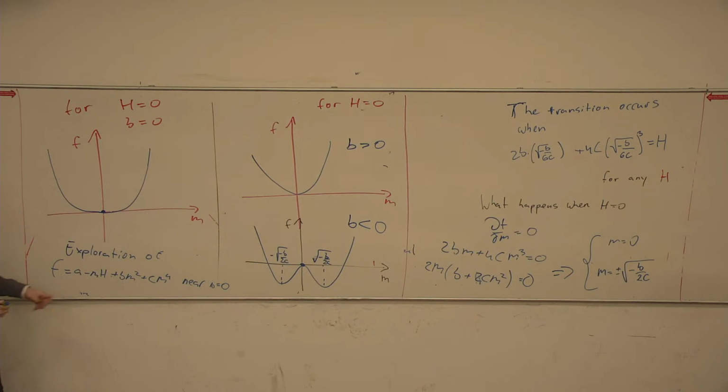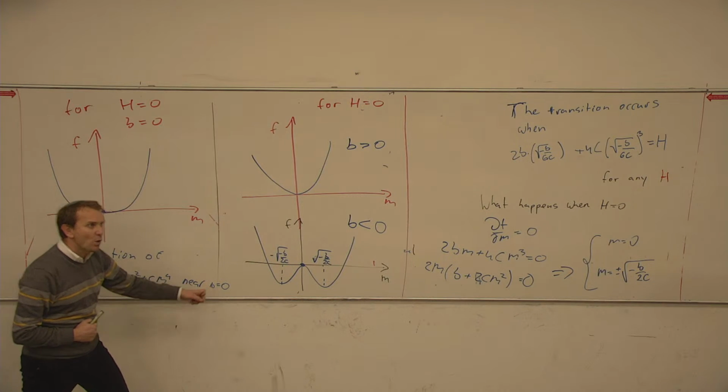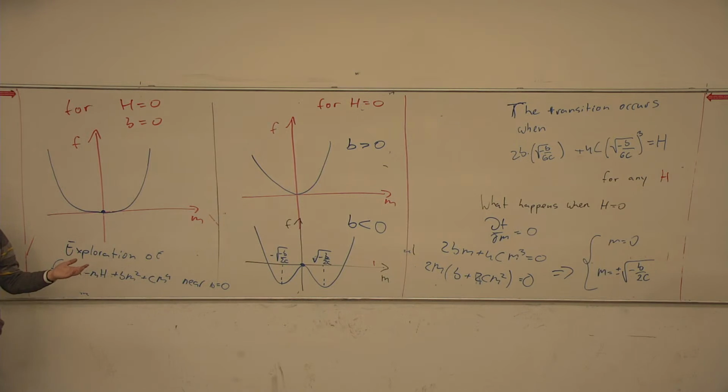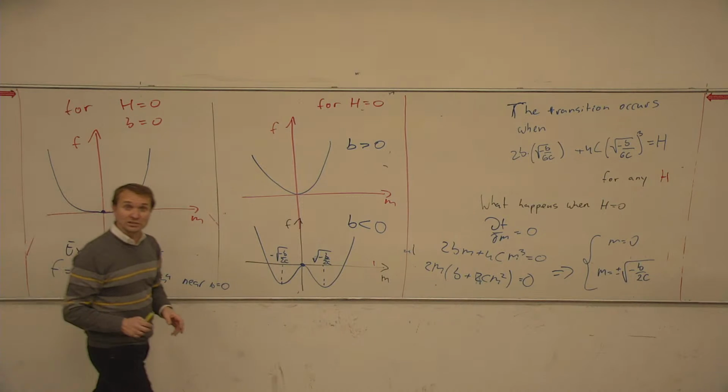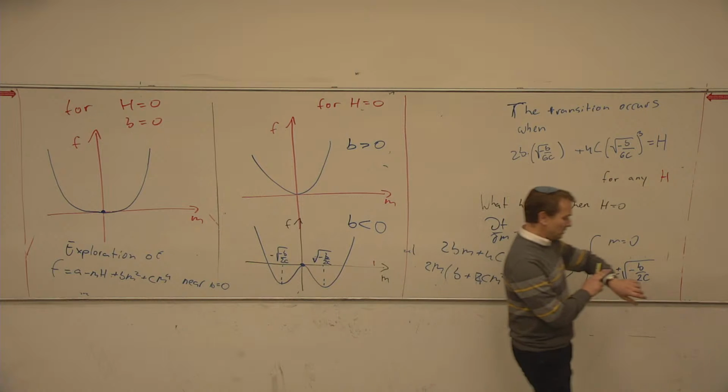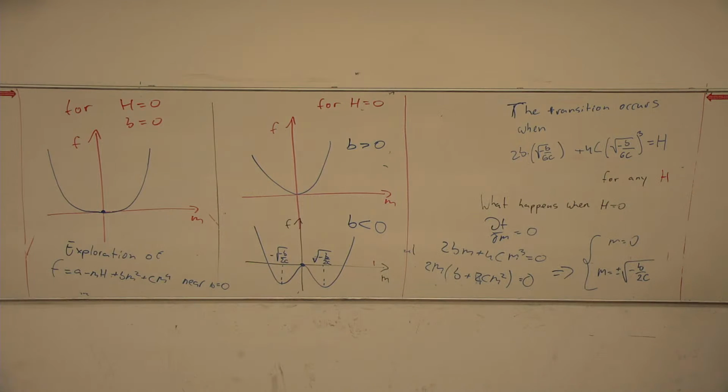If we know how this function can behave and what the different behaviors are that we can pull out in this region when b equals 0, we know everything about the system near the phase transition. And their claim is, no matter what the system is, if you can write its free energy in this form, all the systems will look the same to you. So we will have another 45 minutes on Tuesday.